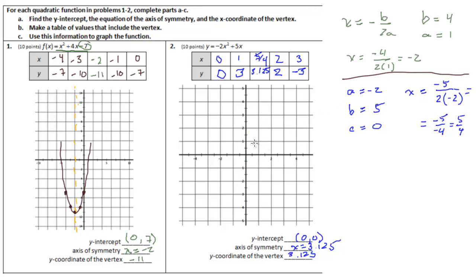I misgraphed that. 5/4, 3.125, is about right there. 1 was 3, about right here. 0. 2 was 2, about right here. And 3 was -3 here. So this is our parabola, something like that.